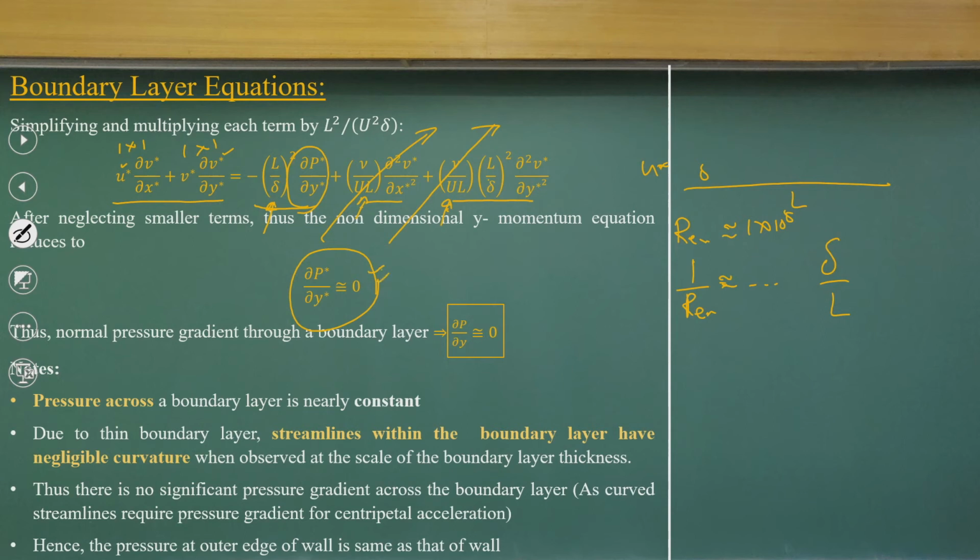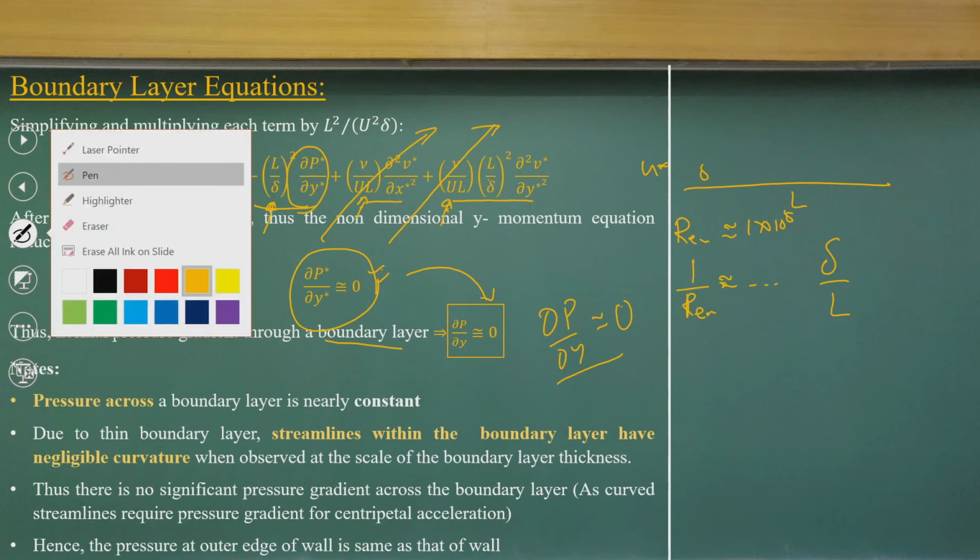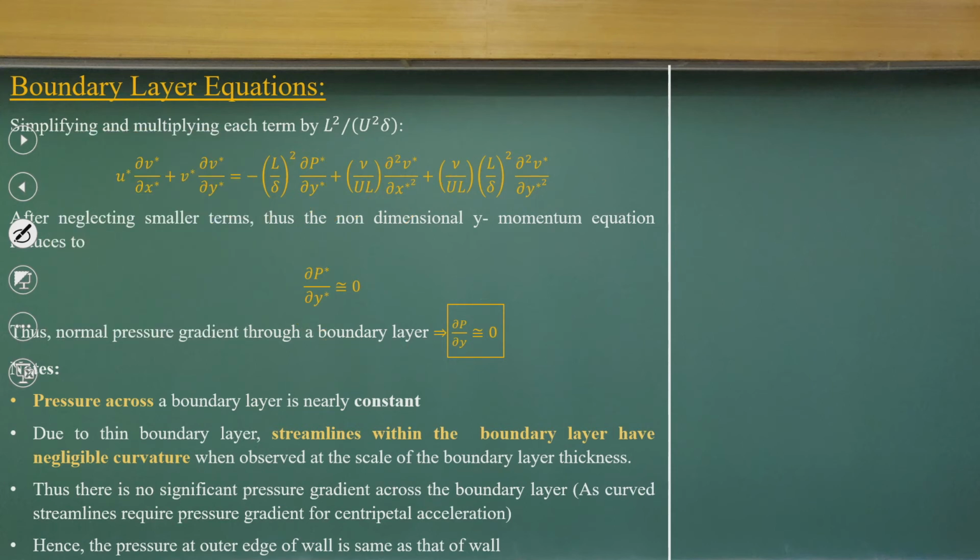That means the normal pressure gradient across the boundary layer should equal 0. So del p by del y should be close to 0, otherwise the boundary conditions will not be satisfied. This is what the order analysis of this part shows.